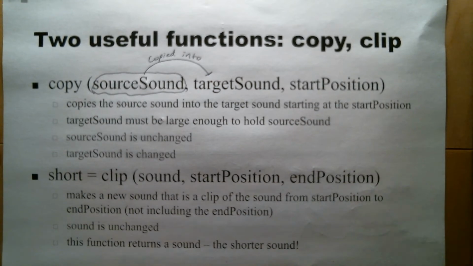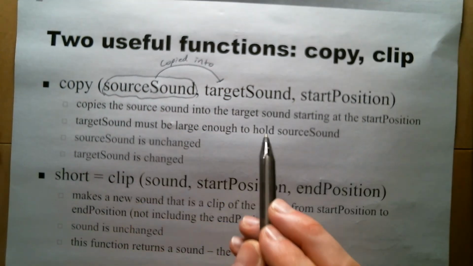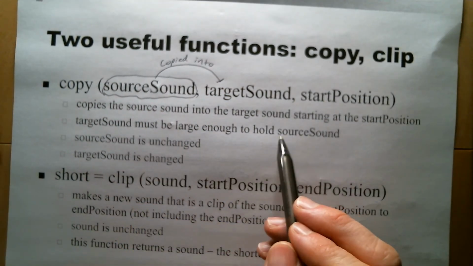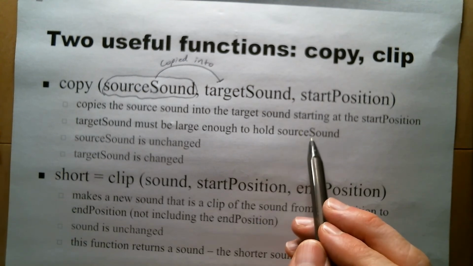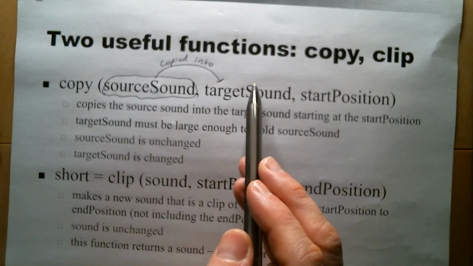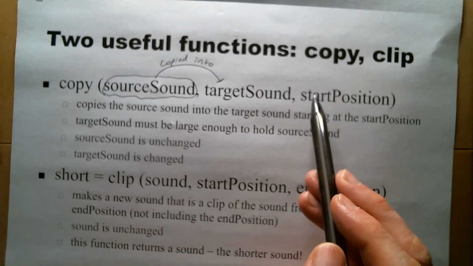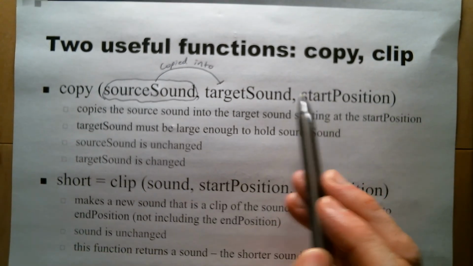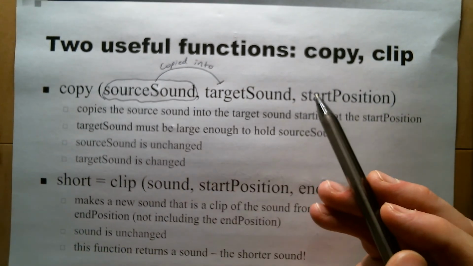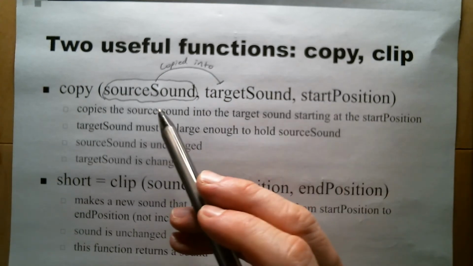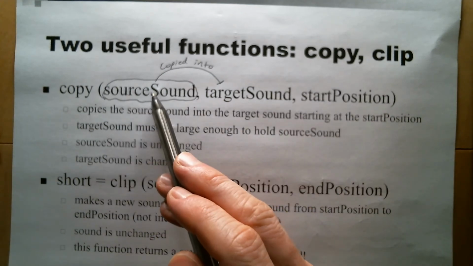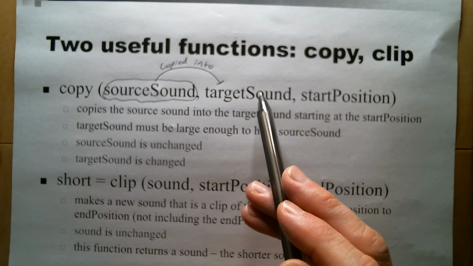So a couple of things to note. The target sound must be large enough to hold the source sound. So this can't be bigger than this, or if you're not starting at the beginning but halfway through, there has to be enough room for it. It can't overhang. You've got to make sure there's enough room for this sound to actually be copied into here.